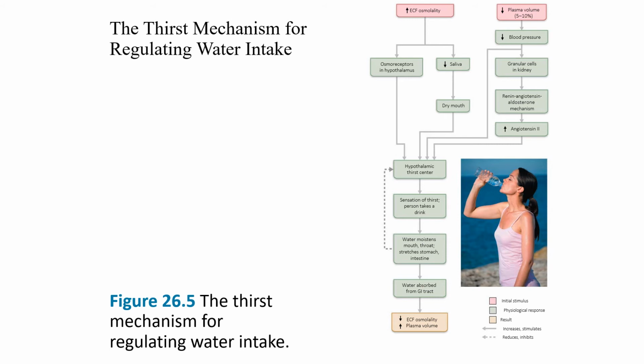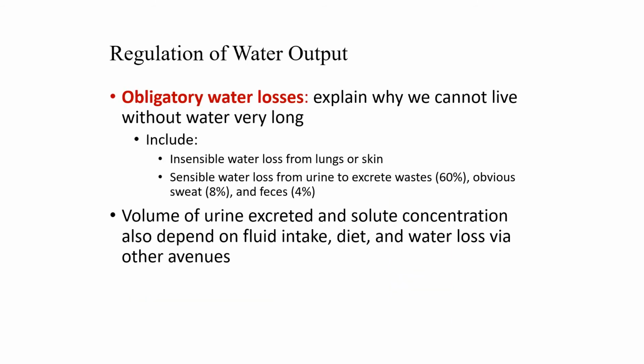It's going to trigger the hypothalamus thirst center, and it's going to activate the renin-angiotensin-aldosterone mechanism. So read through this and understand the mechanism of why when you get thirsty, your brain takes over.